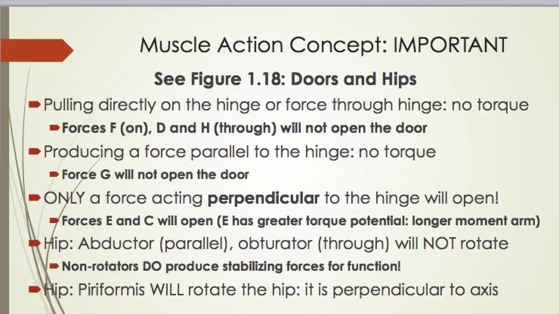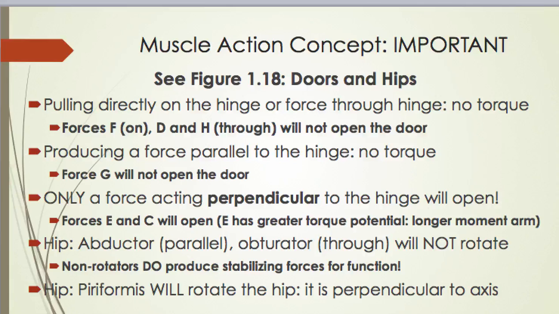So if we look at the picture at the bottom, we have hip muscles where we're trying to create an external rotation force of the hip joint. Okay? So when we look at the hip abductors on the right, the production of force along the long axis of the femur, which produces rotation, will not rotate the joint. It's in the wrong position.